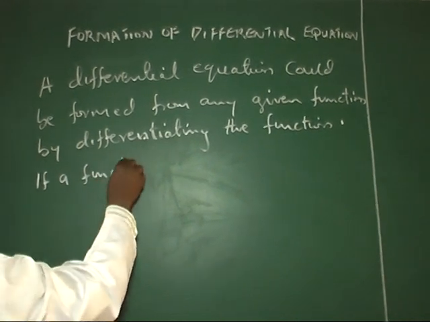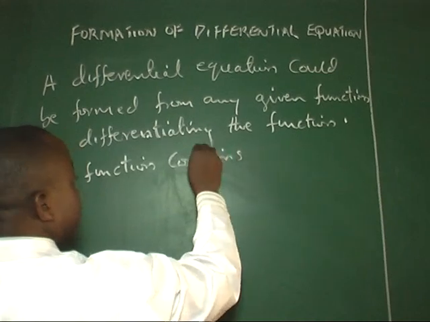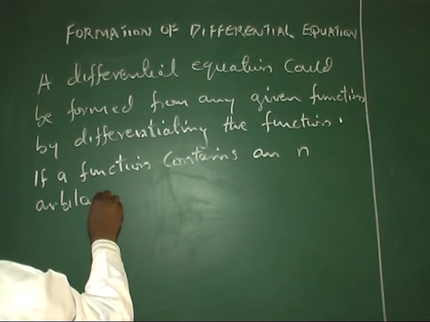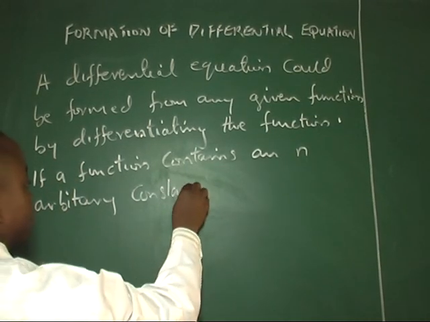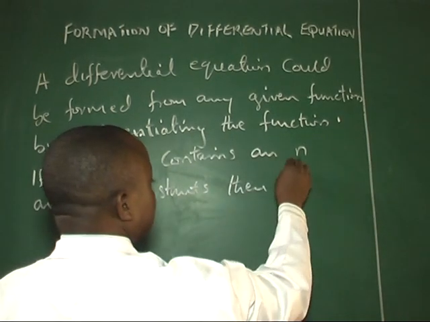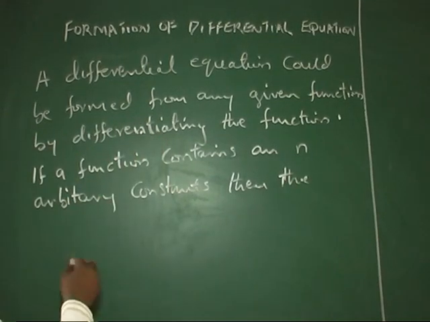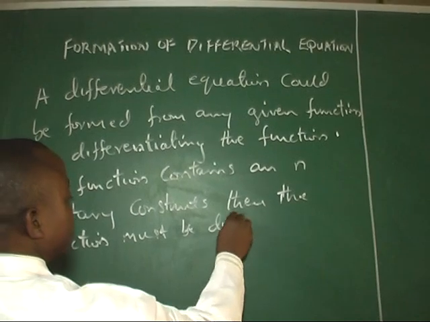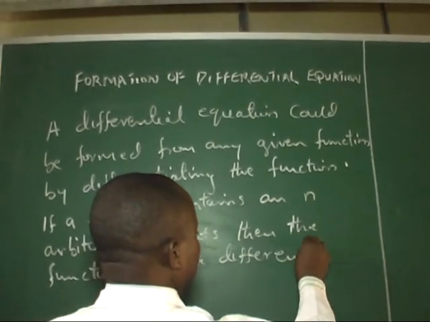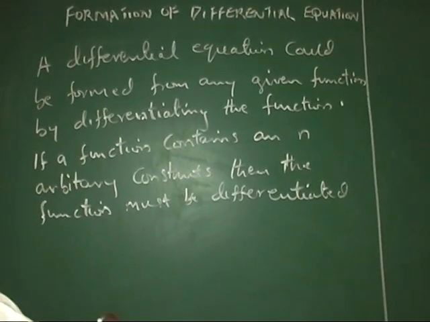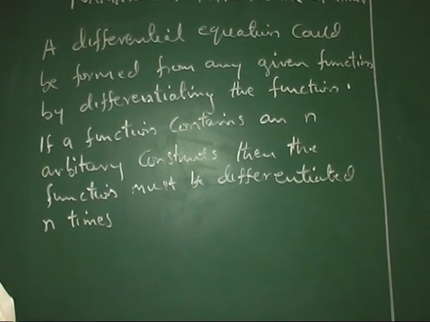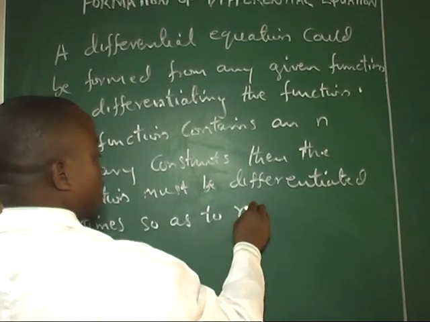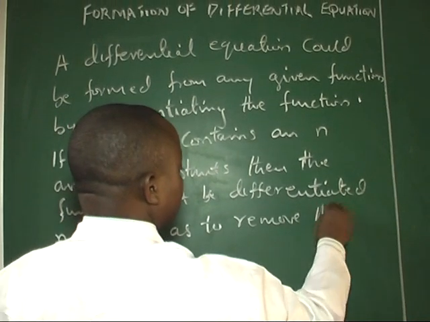If a function contains n arbitrary constants, then the function must be differentiated n times so as to remove the constants.